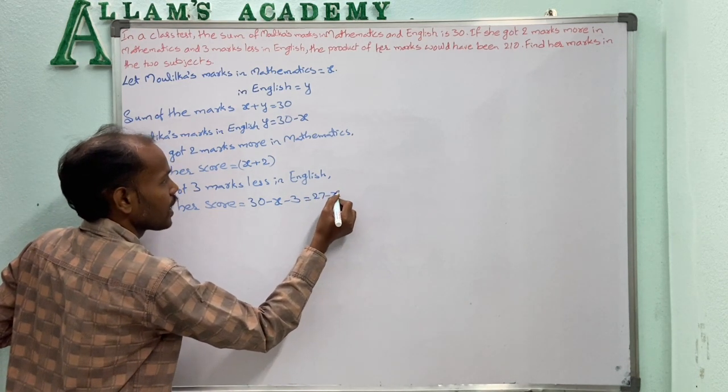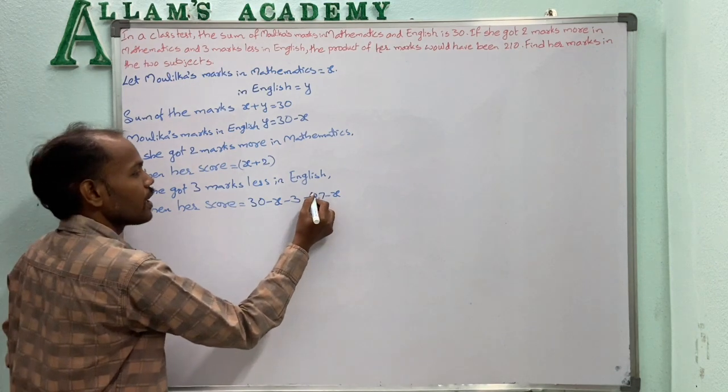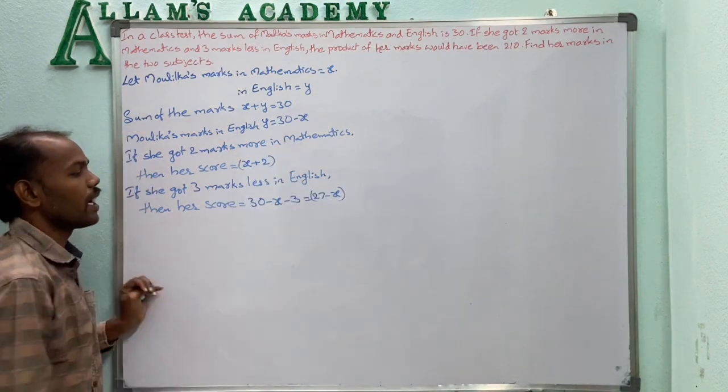So 27 minus x. So her scores are now x plus 2 and 27 minus x.